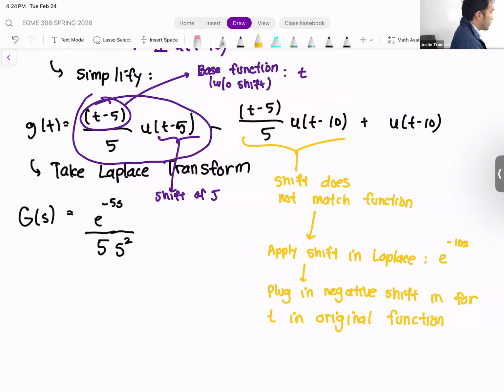So what does that mean? The shift that we just did was a shift of 10, and in order to undo that shift, we need to plug in t plus 10 into our original function of t.